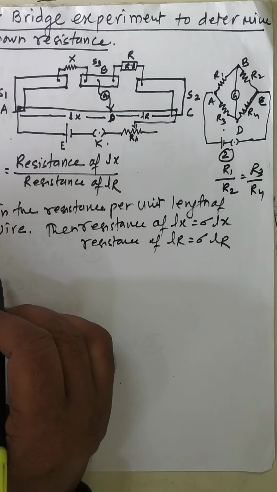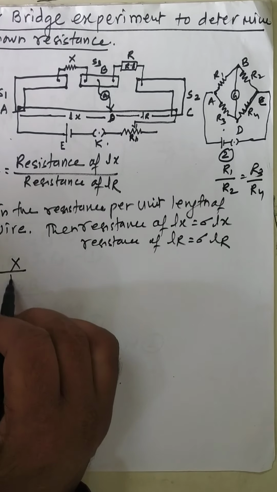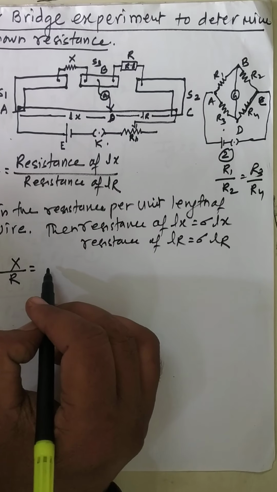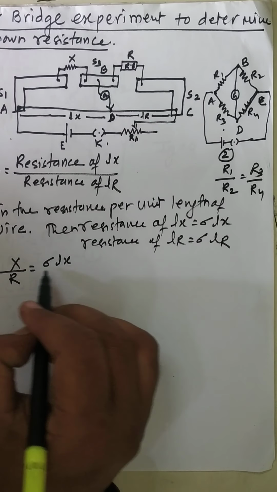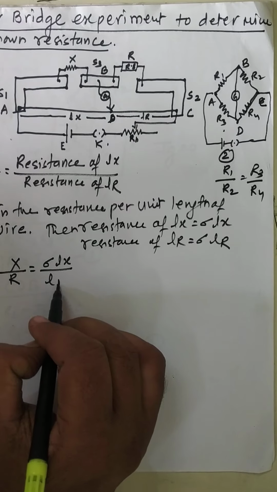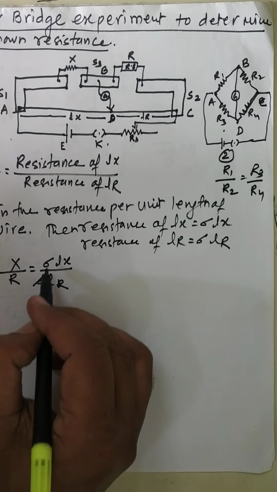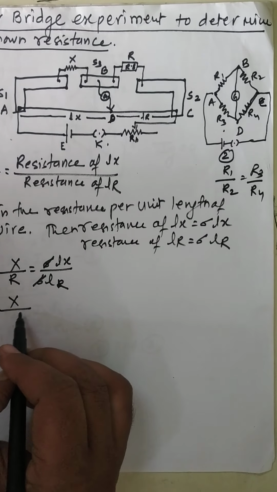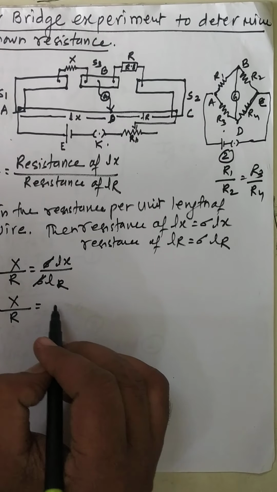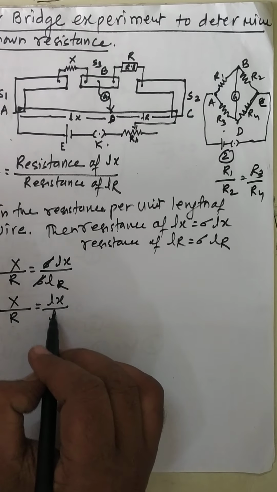Then the condition will become X upon R is equal to sigma Lx upon sigma Lr. Again the sigma gets cancelled out. X upon R is equal to Lx upon Lr.